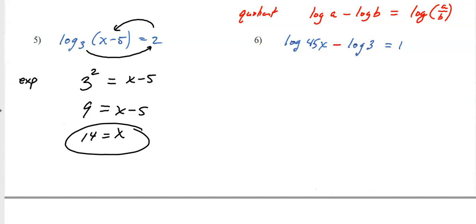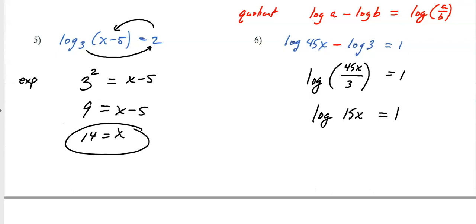So I'm going to simplify this down to 1 log. And I'm going to do the first term divided by the second chunk equals 1. I believe I can divide that out. So I can get log of 15x equals 1. And now you might kind of be stuck. And you might be like, man, what can I do? Well, remember, when there's no base, it's really base 10.